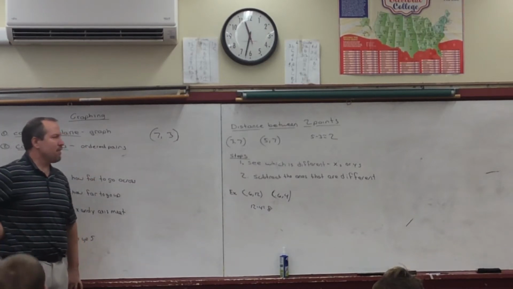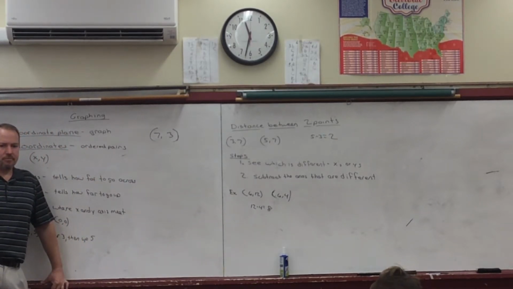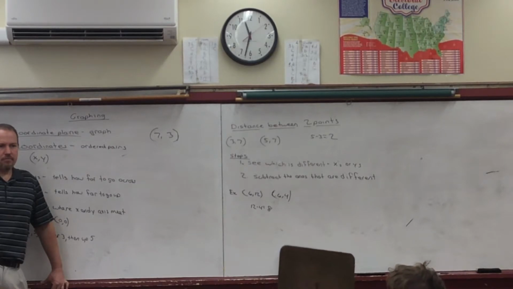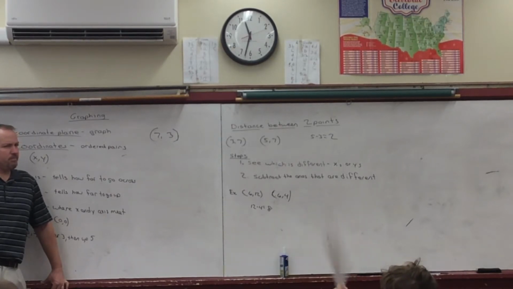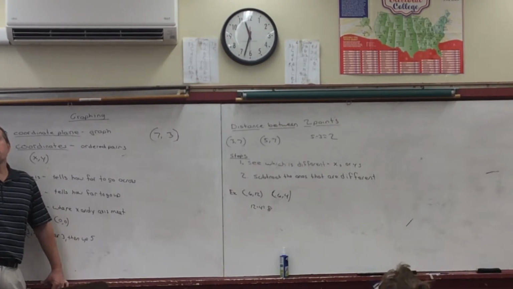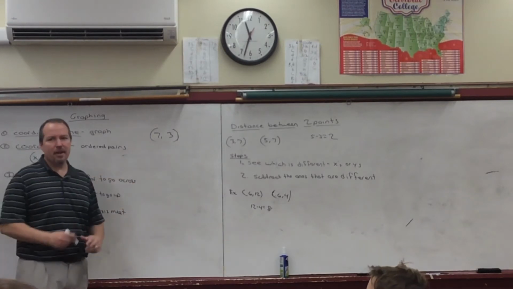How do you get to ordered pair 7, 3? Okay, we're going to go over 7, up 3.